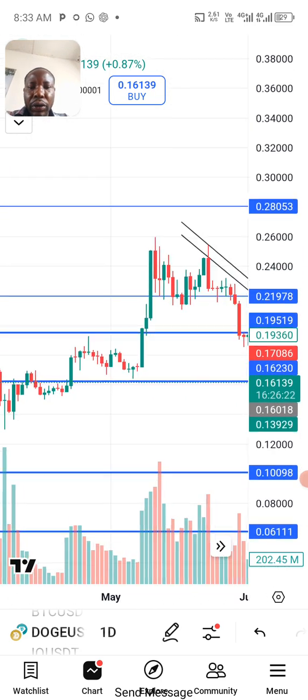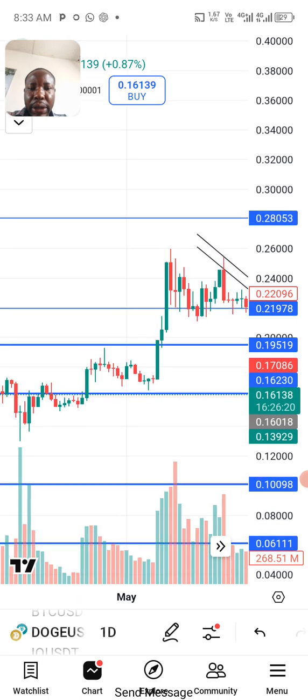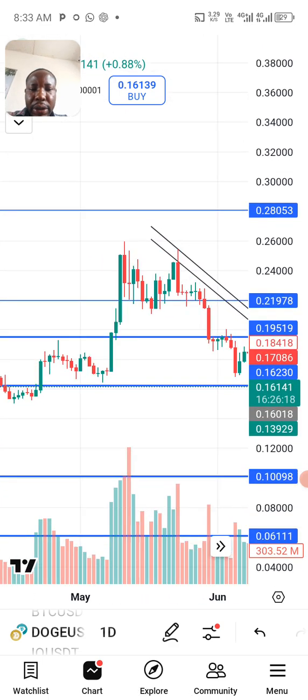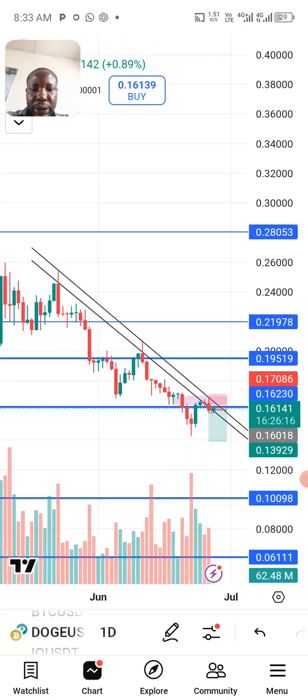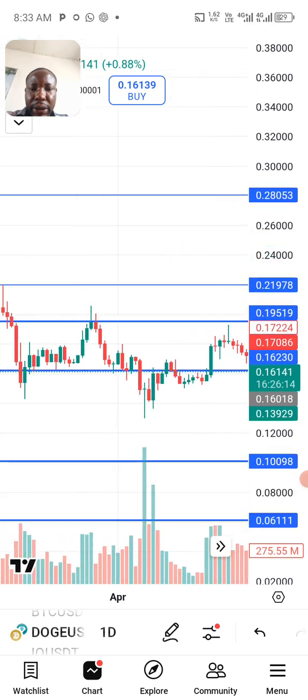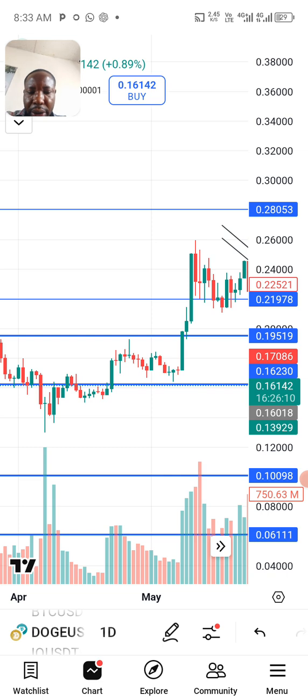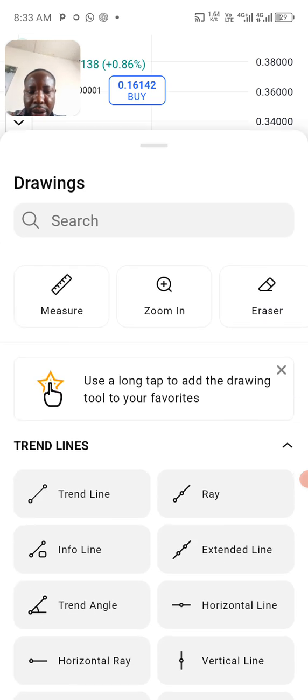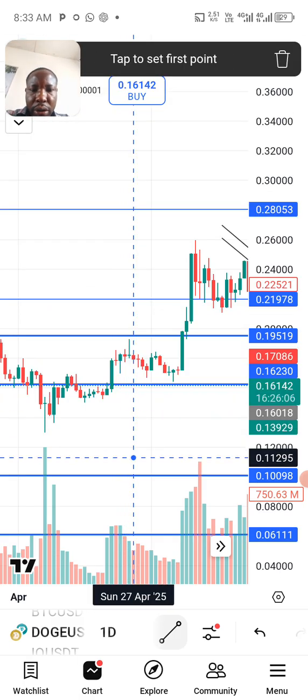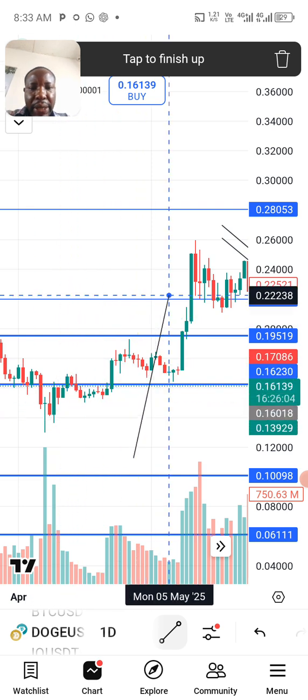So when you now come to the daily, the overall view of the daily, you can see what's happening here. From this place, you can see that this market was dropping, and he came to this area and started rallying to the upside.